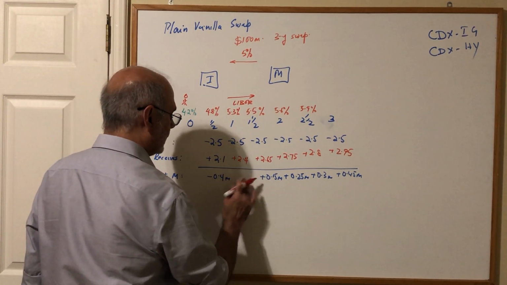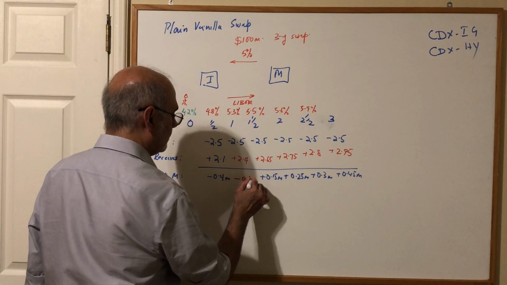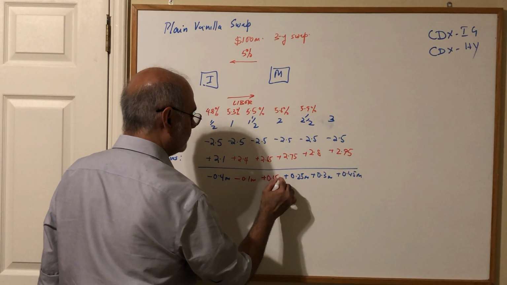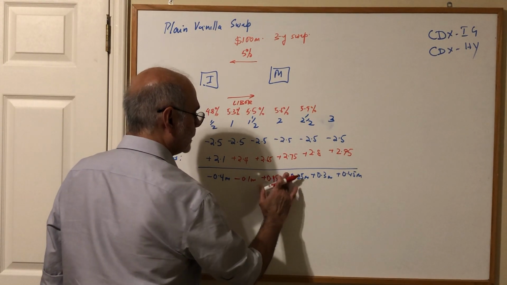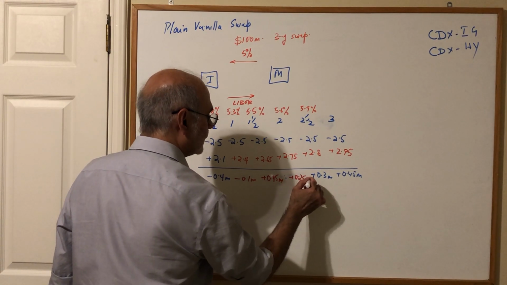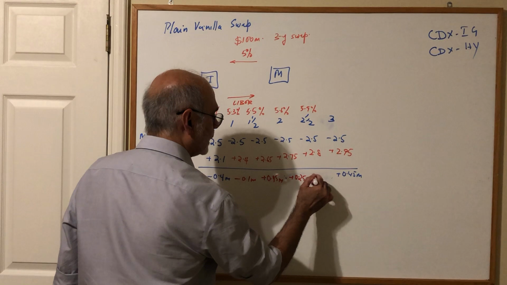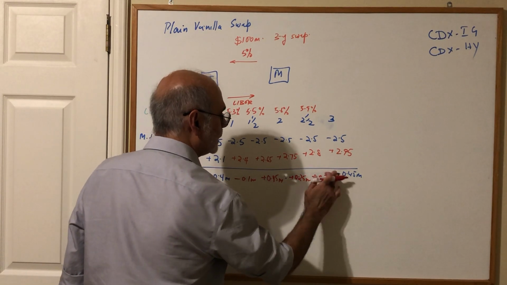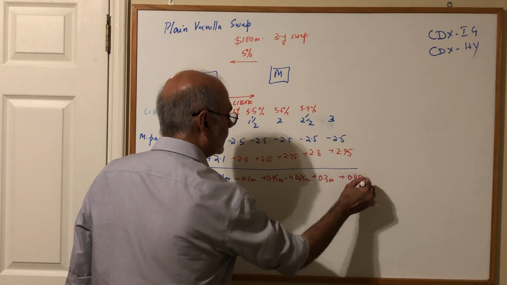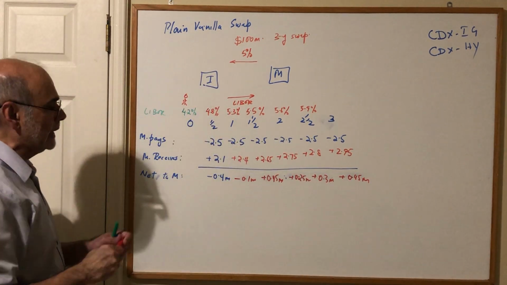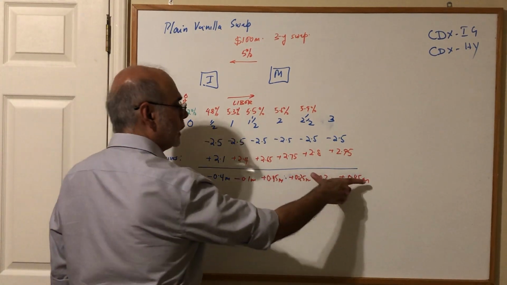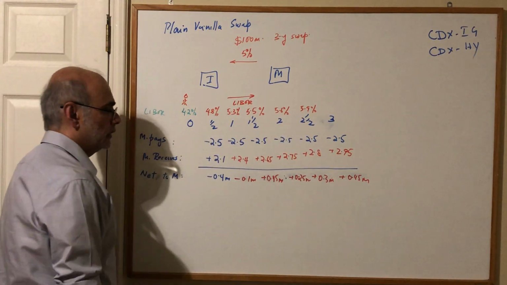So let me put this as minus 0.1 million, plus 0.15 million, plus 0.25 million, plus 0.3 million, and this is plus 0.45 million. Again, why do I put these in red? Because the first cash flow I know with certainty. The future cash flows depend on what the LIBOR rate turns out to be.